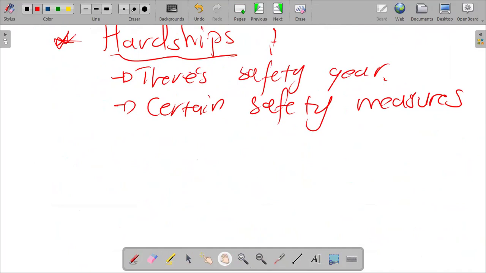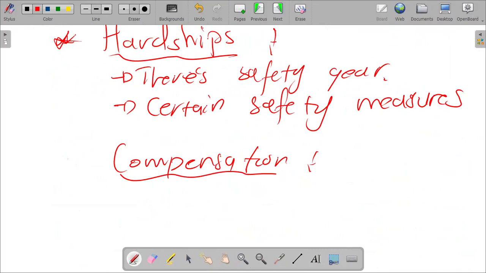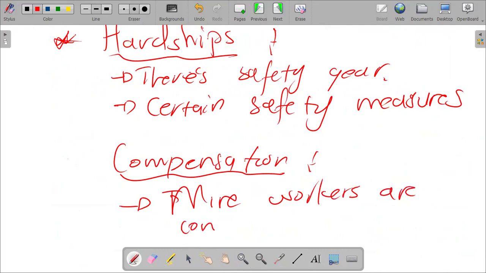When we talk about fair wages, we talk about the compensation, the money that they get according to the jobs they are doing. Mine workers are compensated according to their level of work.